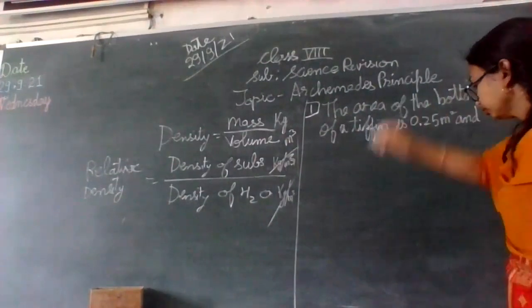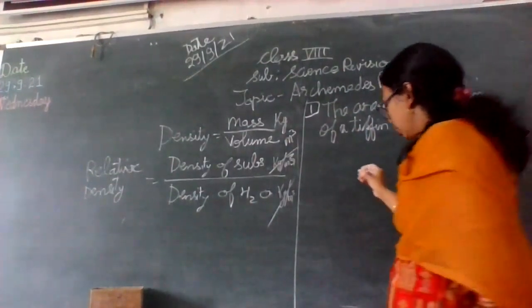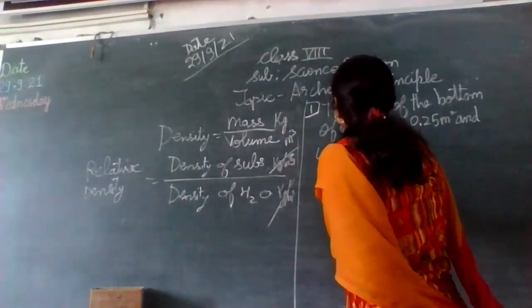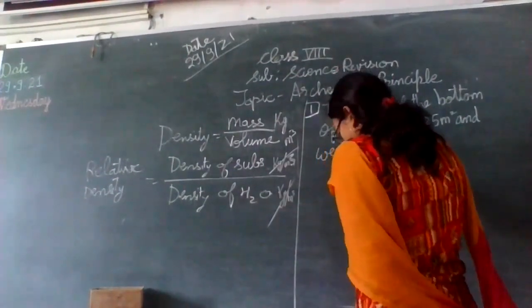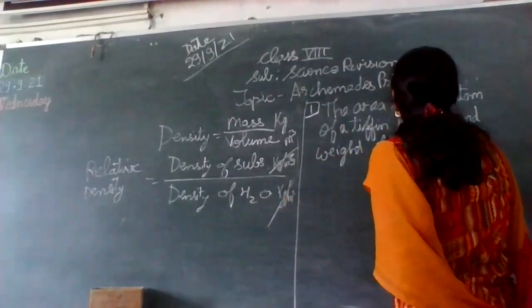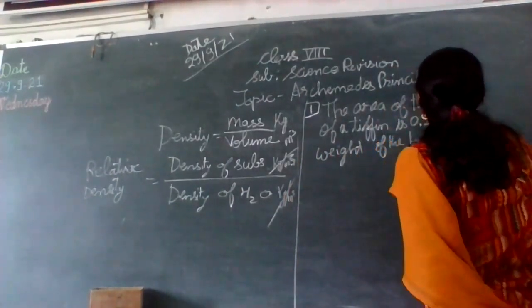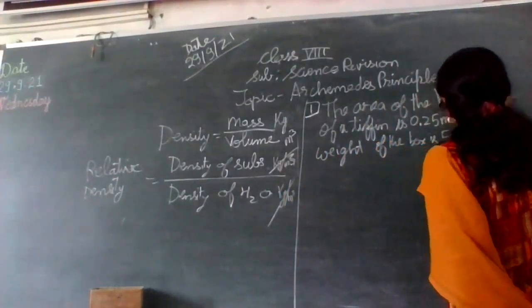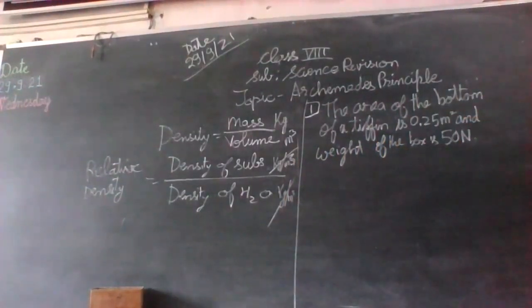And what else is given? The weight of the box is 50 Newton. So these are the things given.